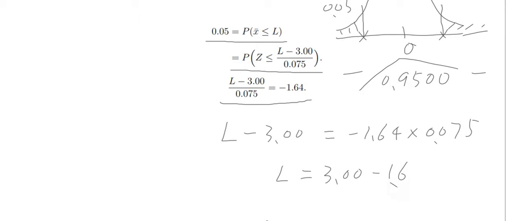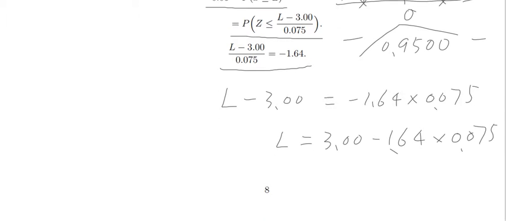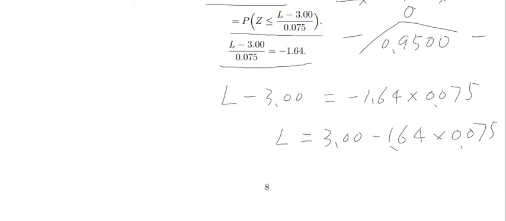With a little bit of calculation, I think it is around 2.87 or 2.88 maybe, so 2.88. If we use this as a cutoff point, then we can guarantee alpha is not so big.